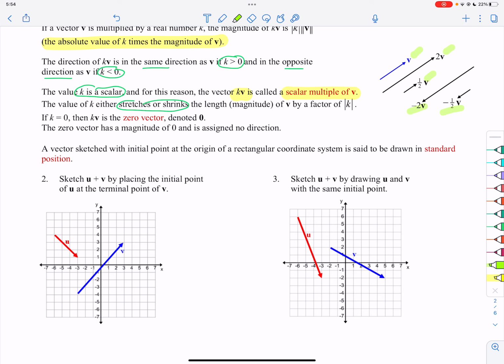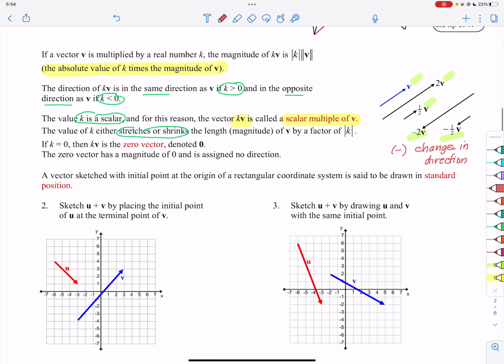So you can see this change in direction with that negative, okay? And here you can see the change in magnitude.